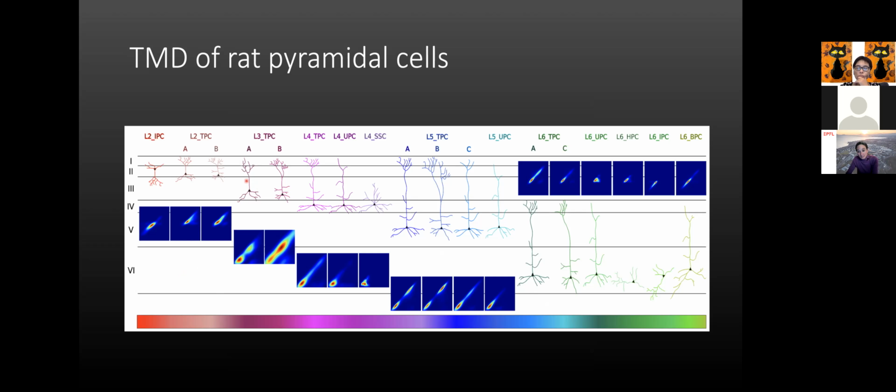So here we have the different neurons that are represented according to the layer of the cortex in which the soma appears. So this cortex has 6 different layers. And depending on in what layer you find the cell body of the neuron, you classify the neuron according to that. So these are the layer 3 pyramidal cells because their somas are in layer 3.